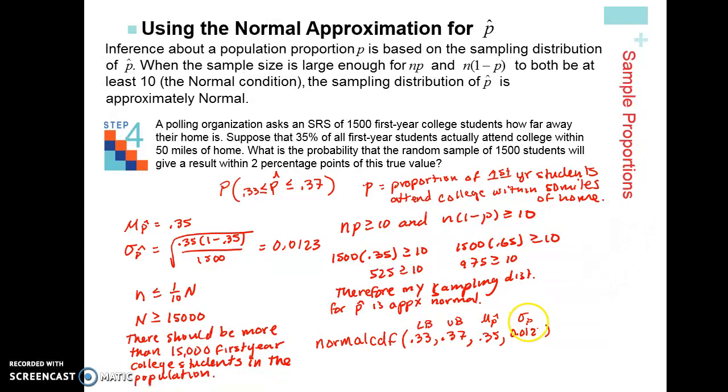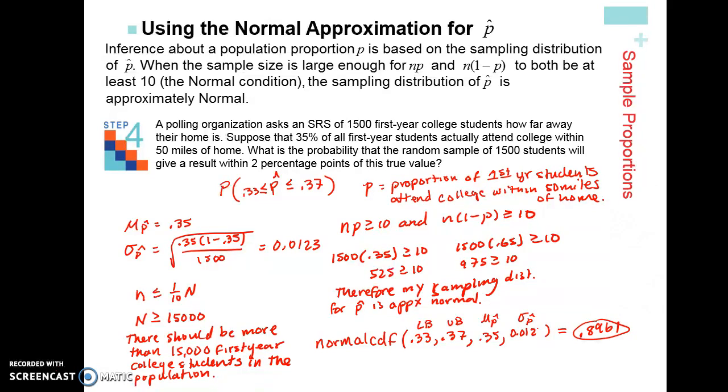And this is the standard deviation of p hat. And what I get in this case, if I plug all of this into my calculator, hang on just a second, I get approximately 0.8961. Please check my work, but that should be right.